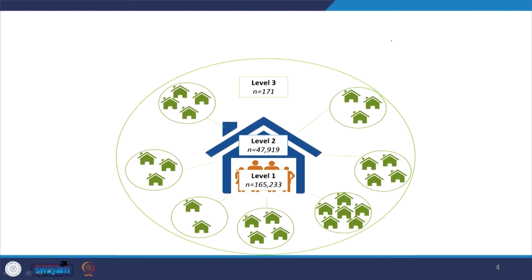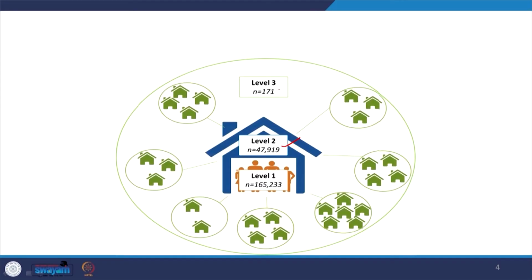Unit here is mentioned as n equal to 165, 33. If the unit is household, then certainly the number will be higher. Above that level may be a block, in a particular state, and above that maybe a region, and then above that it is a state.